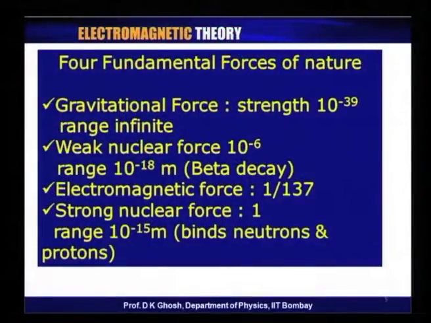The weakest of the forces is what keeps our solar system, all the planets, the sun, everything in their place, and it is the gravitational force. This is an attractive force. Like the electromagnetic force, however, it is of infinite range. It is a long range force. However, its strength is very small.